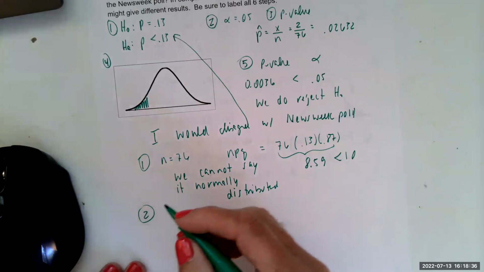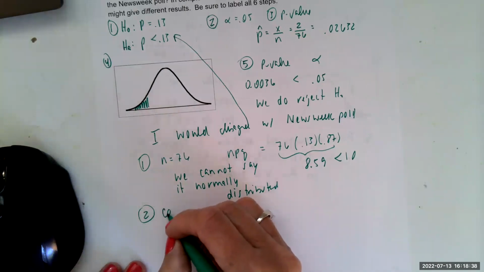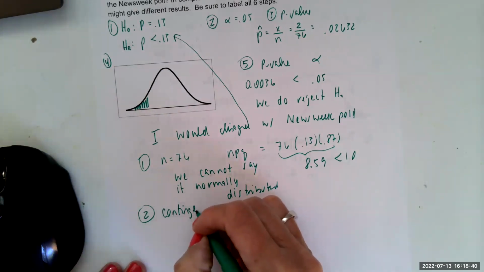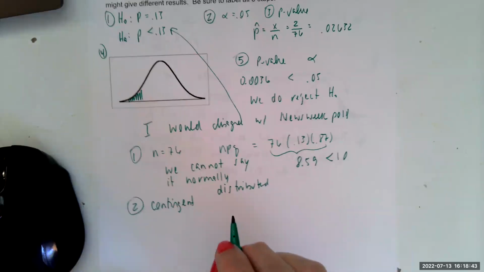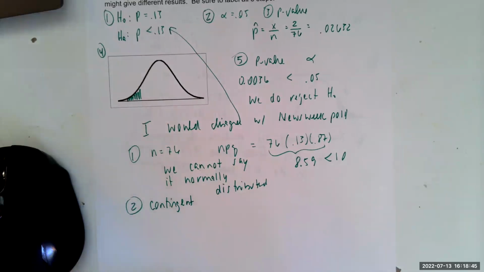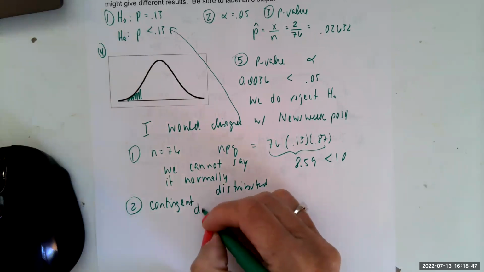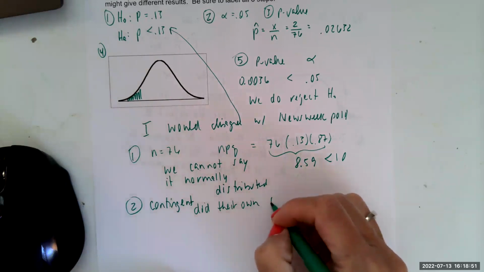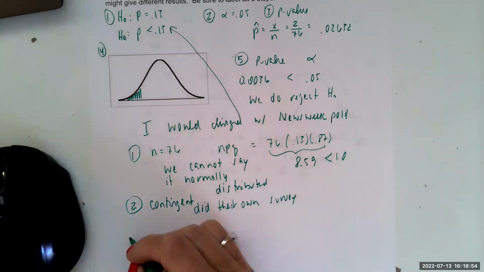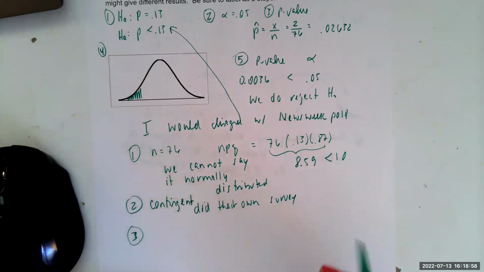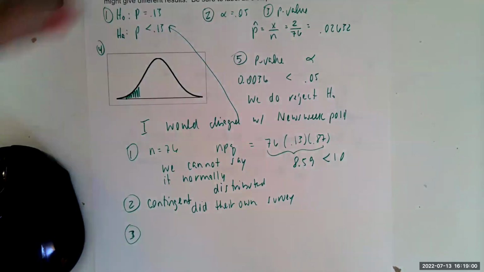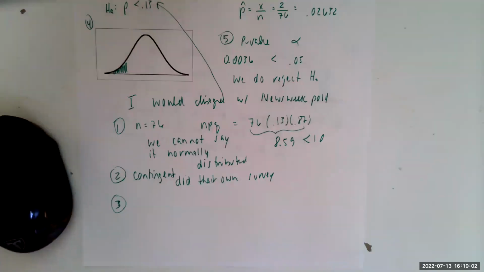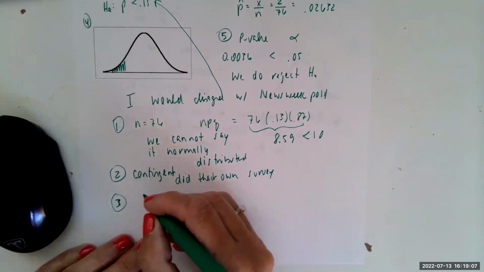Another thing would be the contingent did their own survey. So, I mean, if I went and asked the question looking for a certain answer, I might ask the question in a particular way. So that's an issue. And then the types of readers that follow Newsweek versus the people in the contingent might have different opinions.